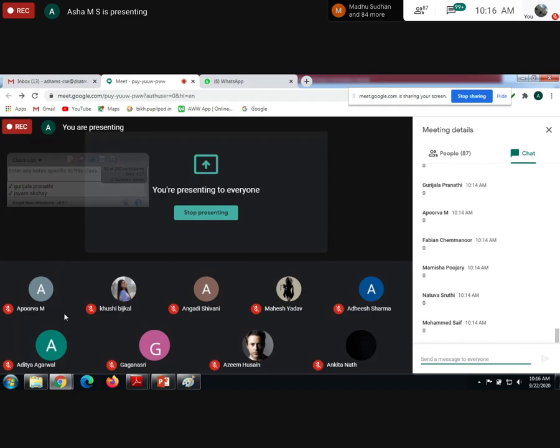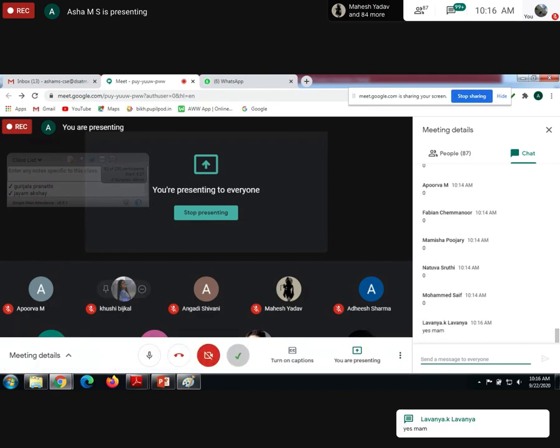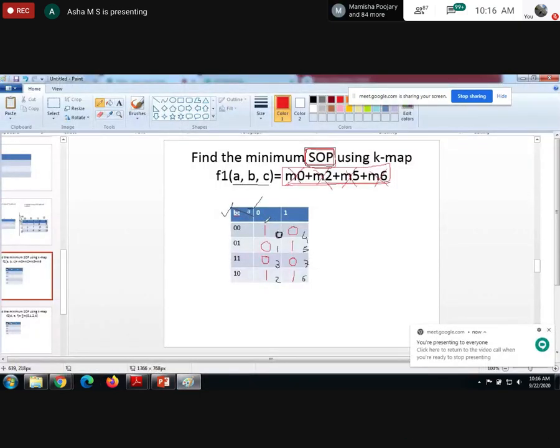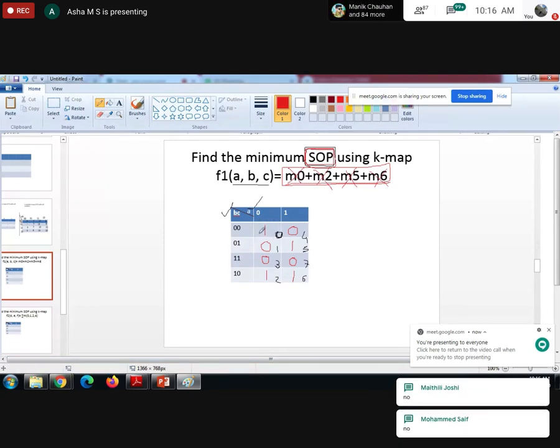Is it clear? Okay, so how can we group in this? Can we group this one with another one? Hope you are seeing the cursor where I am moving.